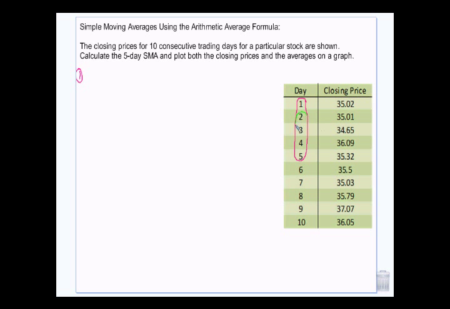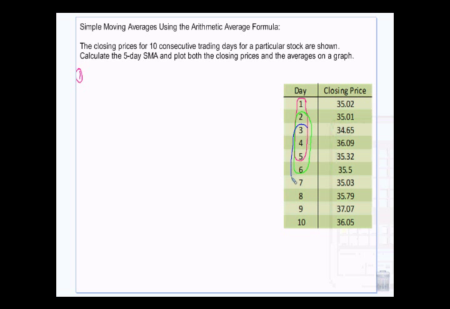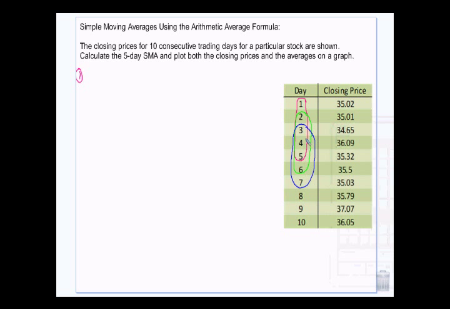Then we're going to find the average of the second 5 days. Then we find the average of the next 5 days. And then the next 5 days.